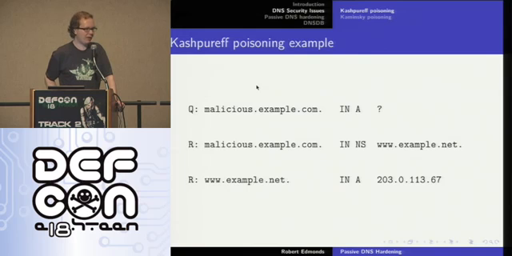I'm going to skip the actual example because it takes a while to explain, but the idea is that we have a malicious.example.com name, and we trick someone to look it up, and suddenly this unrelated name, www.example.net, points anywhere we want.